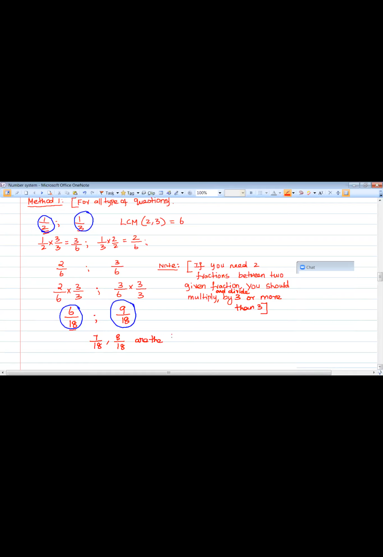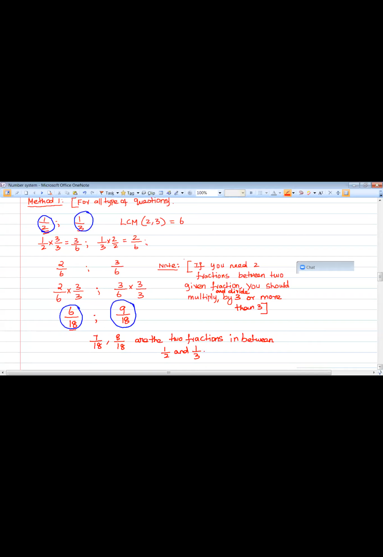So these are the two fractions in between 1 by 2 and 1 by 3.